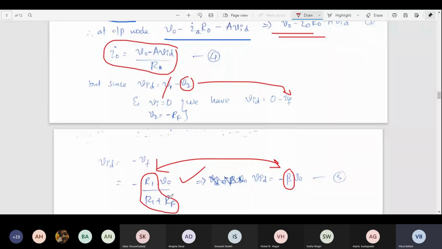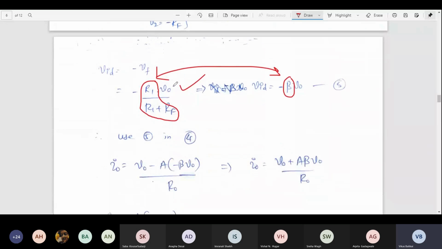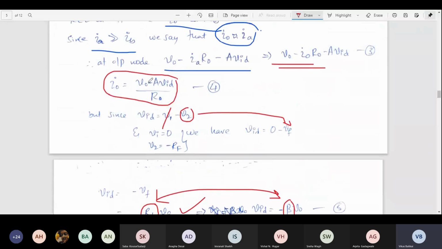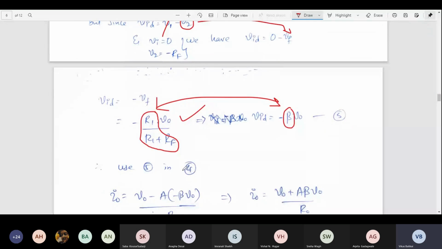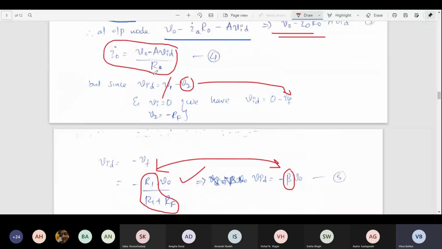So this entire term becomes beta, and I can write VID is equal to minus beta V naught. This is my equation number 5. Substitute VID as minus beta times V naught in equation 4. If I do that, that's what I've done over here: V naught minus A times minus beta times V naught, the whole divided by R naught.